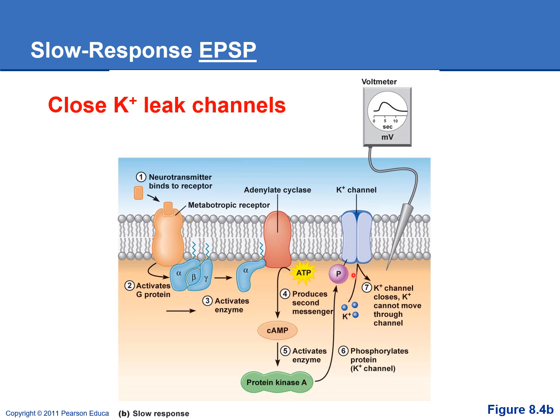And these phosphorylated proteins are going to block the potassium leak channels. So now they're closed. Potassium can no longer leak out of the cell and it just builds up inside the cell. And that will make it more positive inside the cell and create a depolarizing graded potential, or an EPSP.